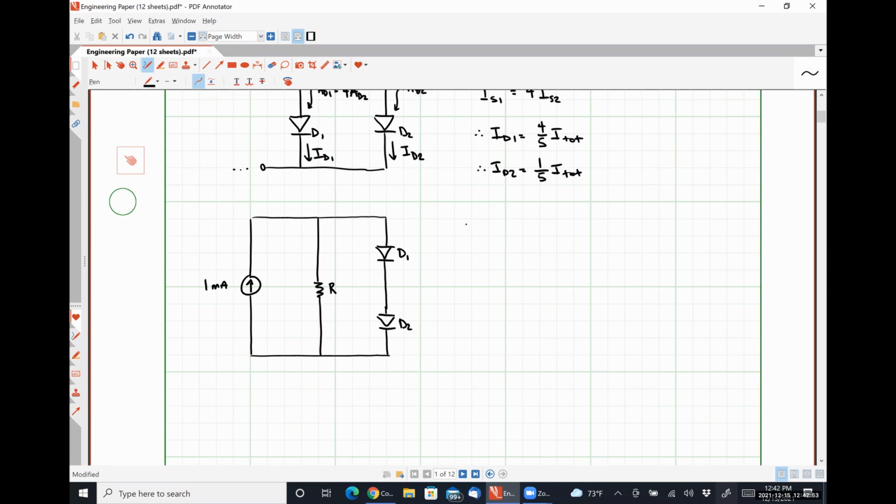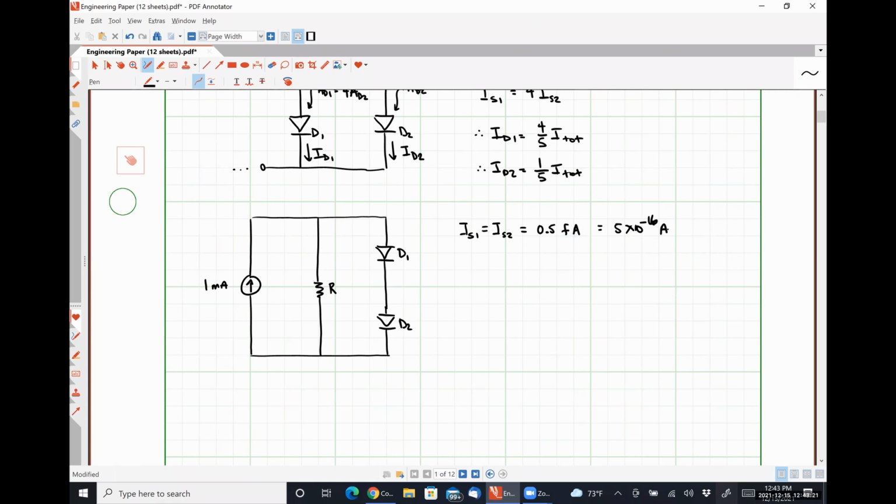We are told that IS1 is equal to IS2 is equal to 0.5 femto amperes. Who knows what a femto anything is? 10 to the negative 15. So that's 5 times 10 to the minus 16 amps.